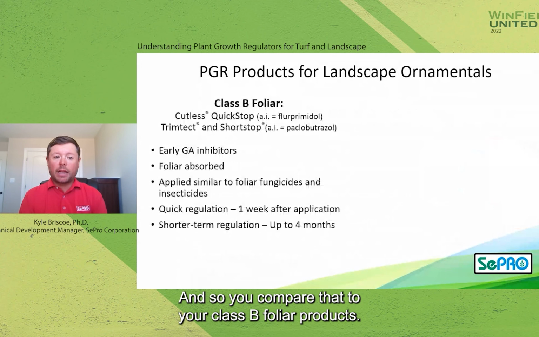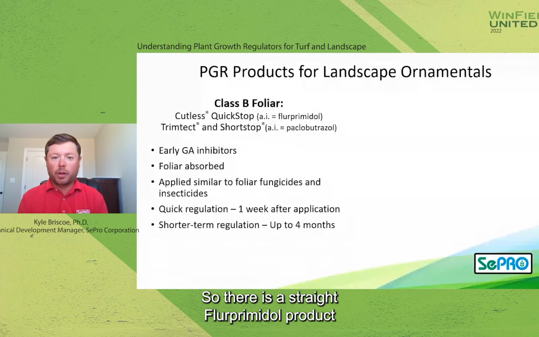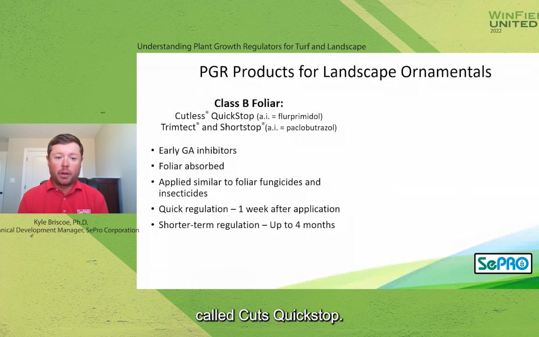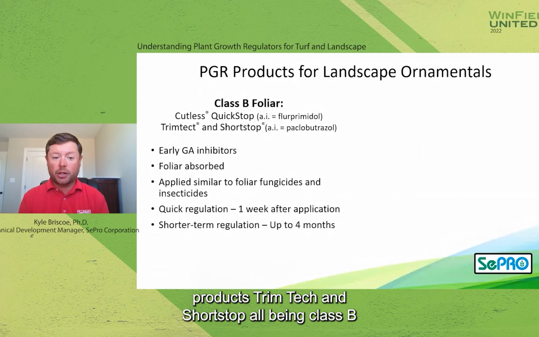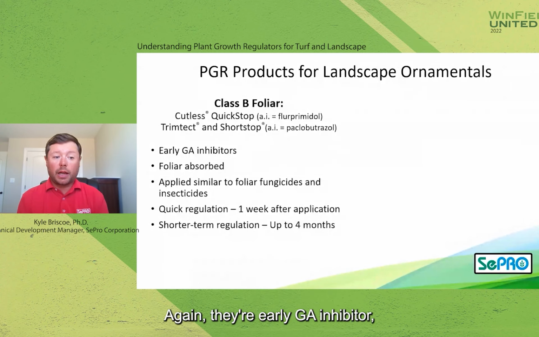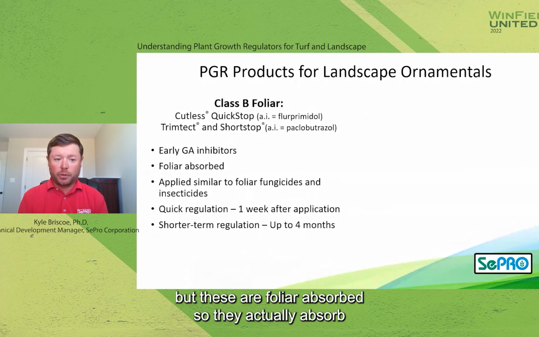And so you compare that to your Class B foliar products. There is a straight flurprimidol product called Cutlass Quick Stop. There's also a couple straight paclobutrazol products, Trim-Tech and Shortstop, all being Class B foliar products. Again, they're early GA inhibitors, but these are foliar absorbed.